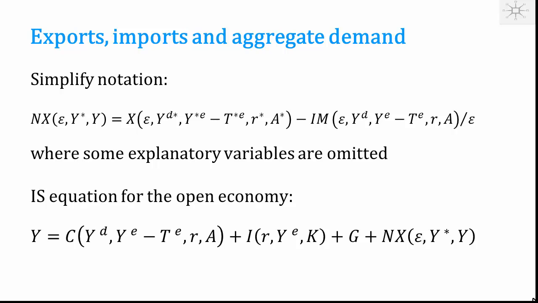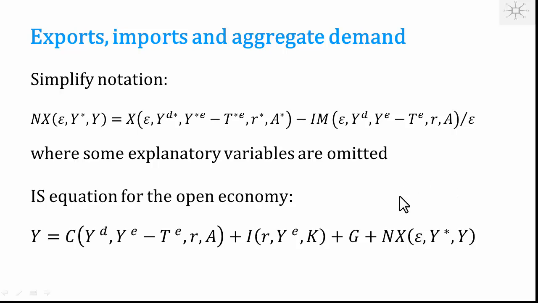So by this simplification, we get the IS equation for the open economy at the bottom of the page. And the new thing here is that we now have this net export function, which is an additional component of aggregate demand. So that's what we got in addition as we open up the economy to trade, the net export function.